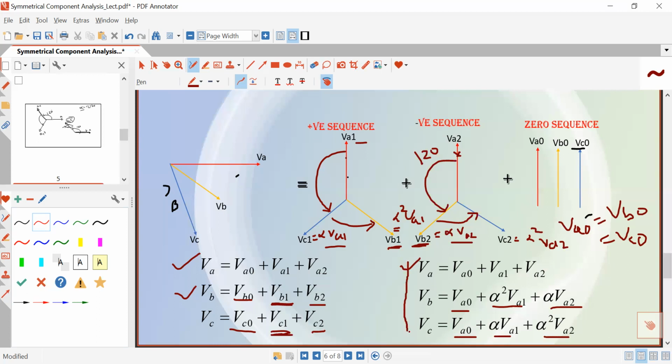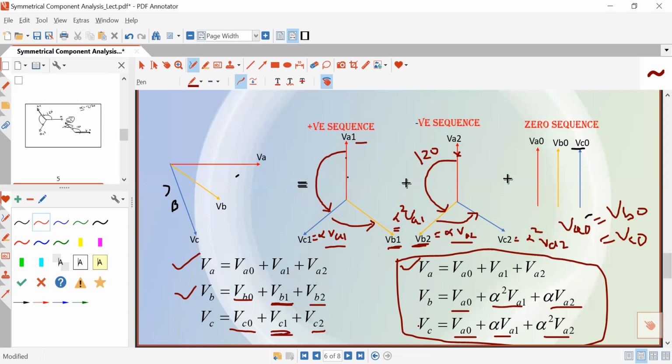In this way, you can see that the set of three unbalanced phasors can be written in terms of the phase sequence components of phase A. This means that if you know the value of the phase sequence components of only one phase, for example phase A, then with that knowledge you can determine VA, VB, and VC.